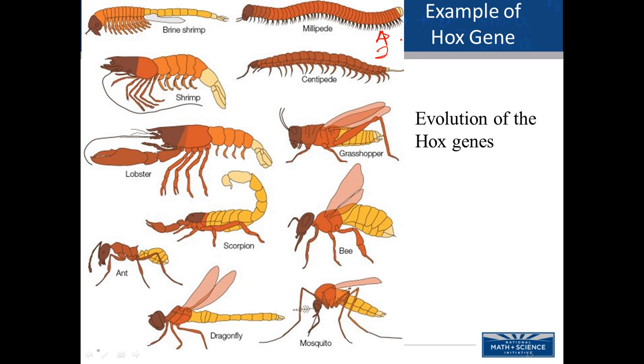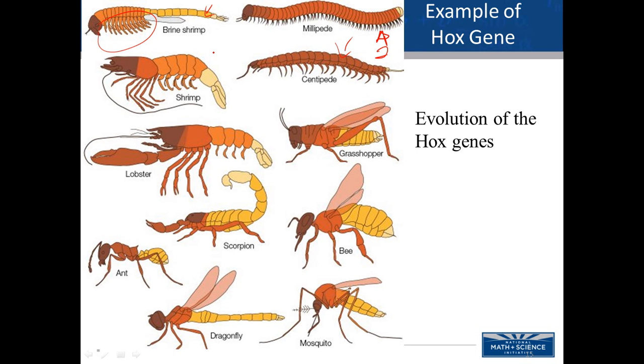Something happened to the Hox gene so that down here, instead of having 2 pairs, there's only 1 pair. So that's the difference between millipedes and centipedes. Looking over here at brine shrimp, we can see that we have modified legs that are used for swimming. And then over here on the abdomen, we don't have any.